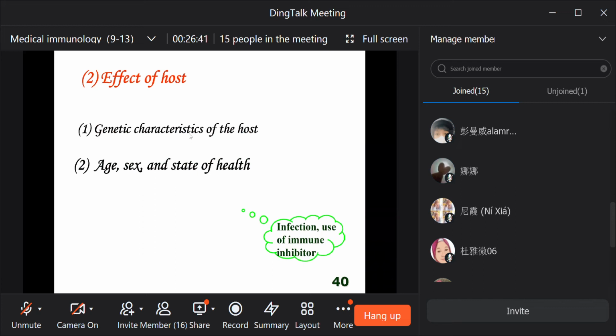Actually, the humoral and cell-mediated immune responses depend on the ability of the cell to process the antigen and present it for recognition by certain cells of the immune system.